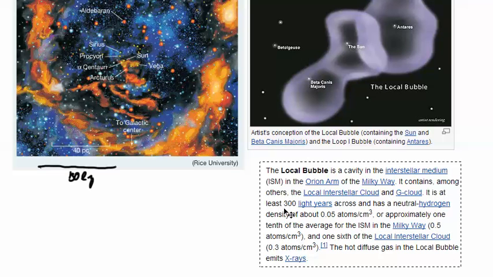But it says right here that the local bubble is at least 300 light years across, which puts it in the same size category as this one, which is 40 parsecs plus 40 parsecs.